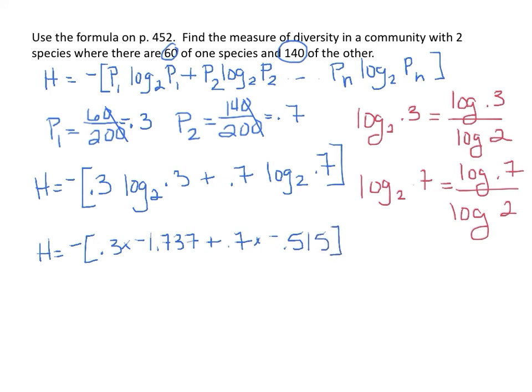And now this gets put into the calculator for the final answer. Now when I put this into my calculator, I don't use these rounded values. I actually put this into the calculator so that I have more exact values. So there are a lot of parentheses that are going to happen, and that'll take some practice. But once I've done all that, I get 0.881. So that's going to be the measure of diversity of the species.